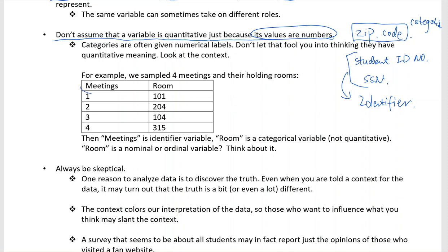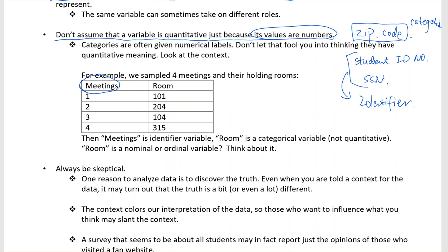What is the variable type for the variable meetings? Think about it. Is this variable a categorical variable, a quantitative variable, an identifier variable, or a time series variable?